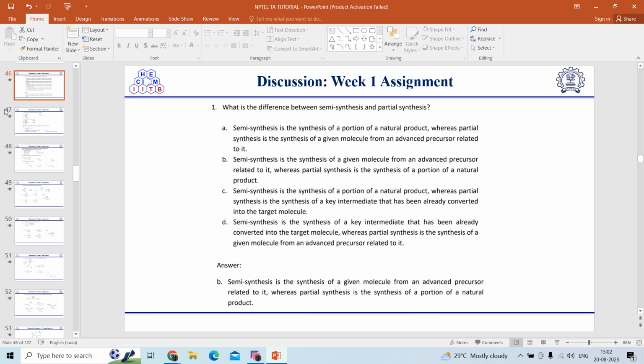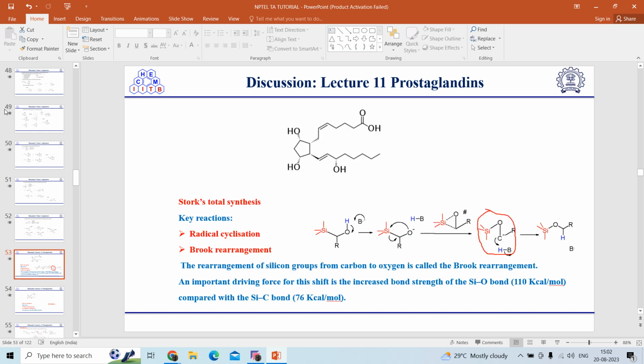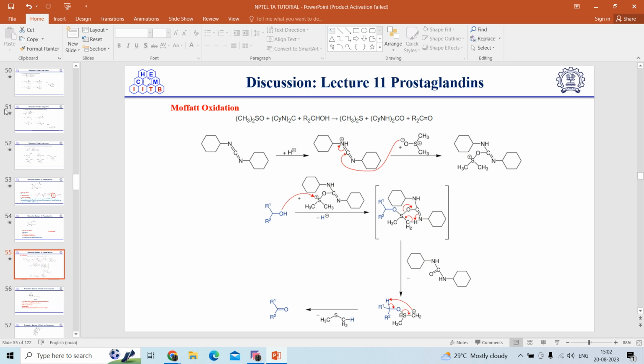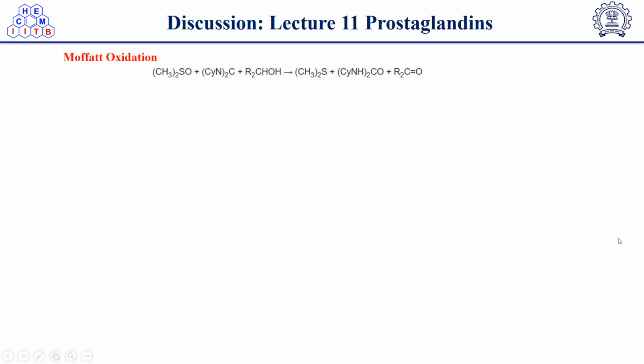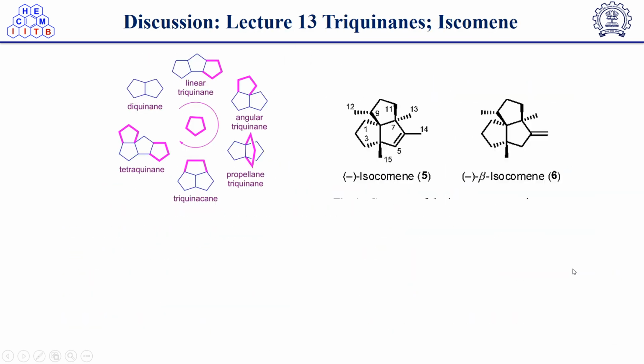So, last week, we started with the discussion on the week one assignment, whose due date was over last week. After discussing the week one assignment, we moved to the week three lectures.